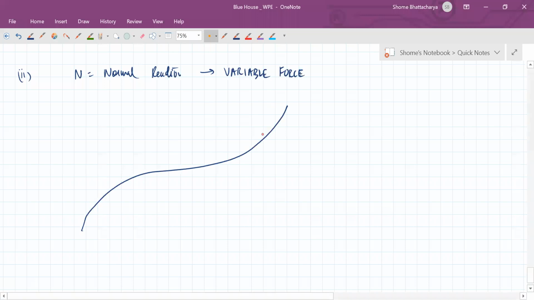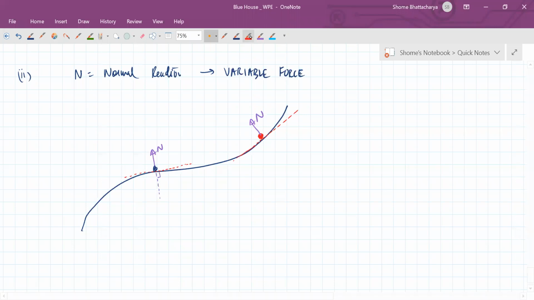If you compare the particle when it is somewhere here, this is the direction which is tangential to the surface at this point, so normal reaction will act like this on it. Whereas when the particle is somewhere here, the direction along the surface, or tangential to the surface, is like this, so normal reaction is acting along this line.